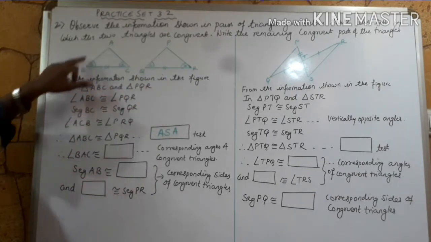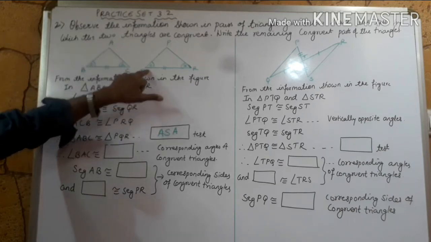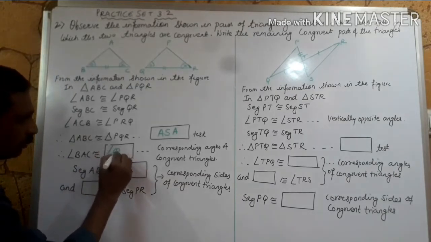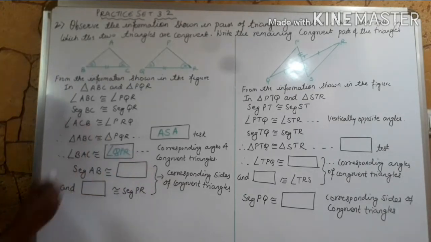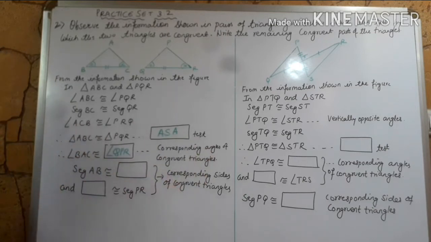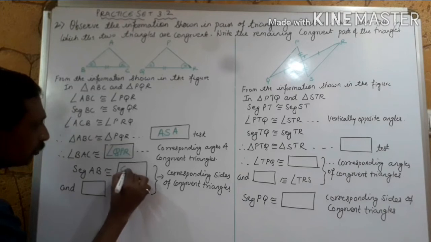Now once the triangles are congruent, its remaining parts are also congruent. Therefore, angle BAC congruent to angle QPR. Why? Corresponding angles of congruent triangles. Segment AB congruent to segment PQ.